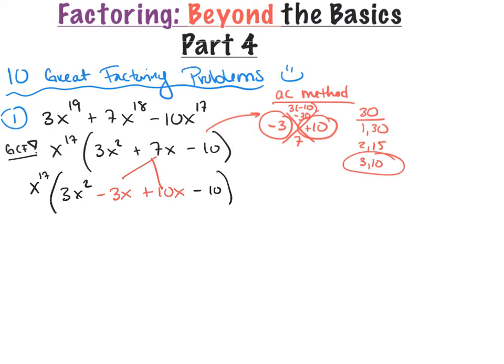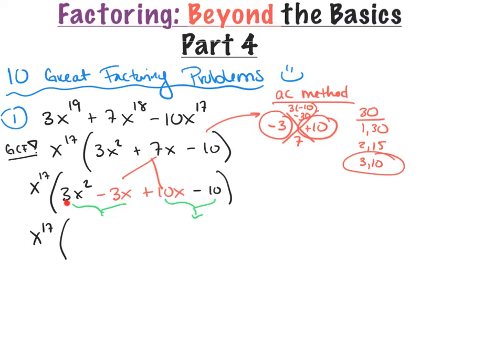The reason for doing that is now we can group those 2 pairs. So keep your x to the 17 out front. Now, I happen to put the negative 3x first and the 10x second. It doesn't matter. You could have switched it around.